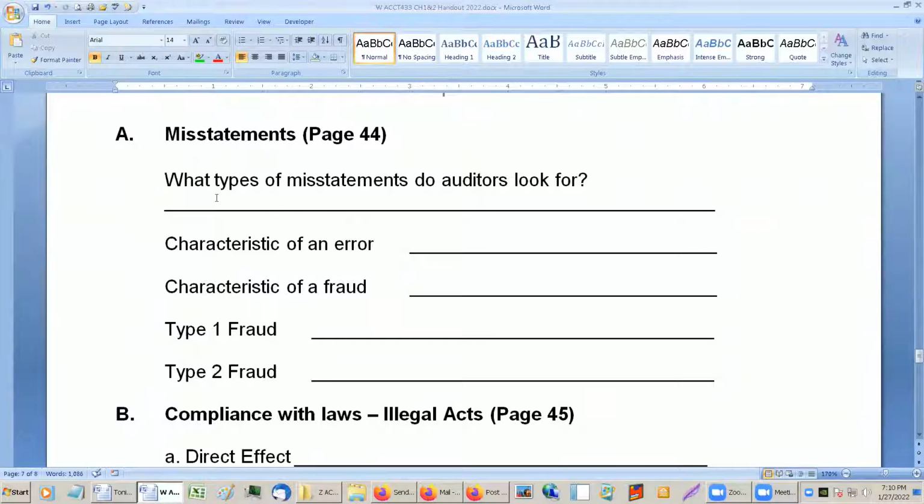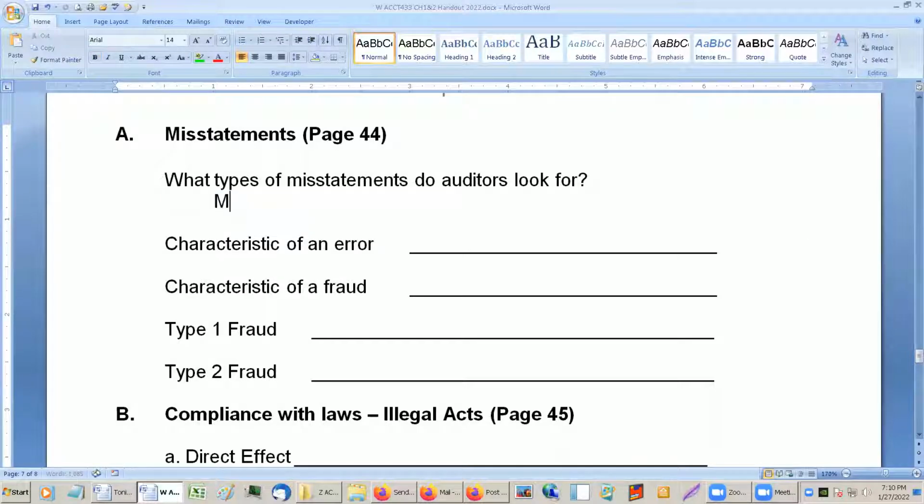Okay, misstatements. I think we already talked about this. What kind of misstatements do we look for? We only look for misstatements that are material. So we're looking for misstatements that are material.